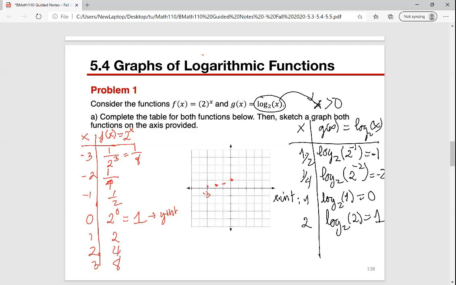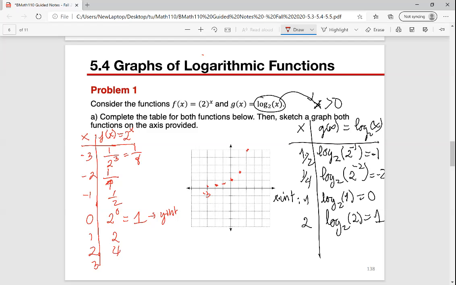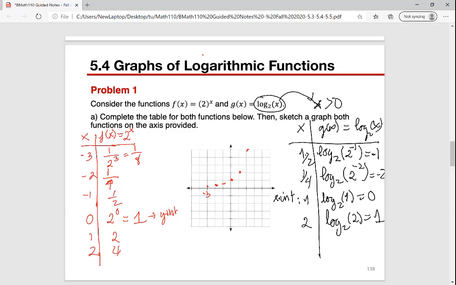What else? 1 and 2. 2 and 4. It looks like we cannot do the last one, 3 and 8. So all right, it will not go through the x-axis. It just goes along with it. So this is the exponential form, f of x equal to 2 to the x.